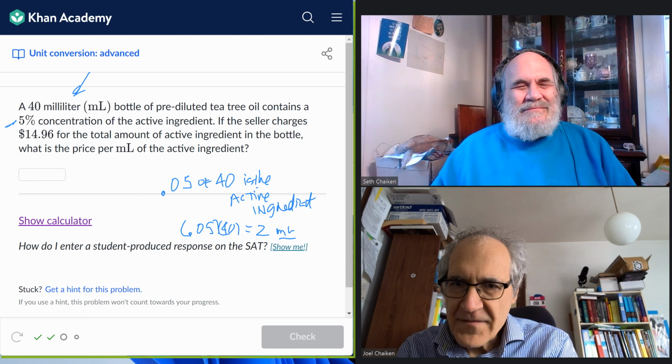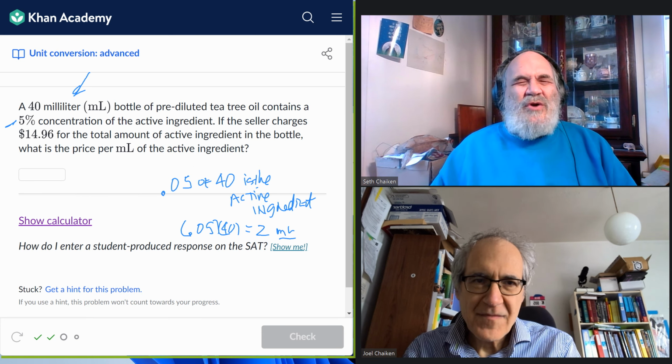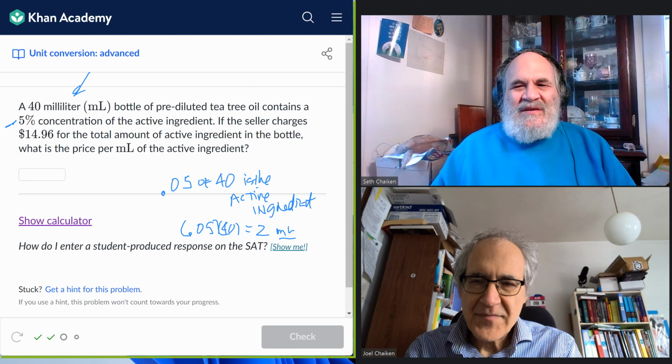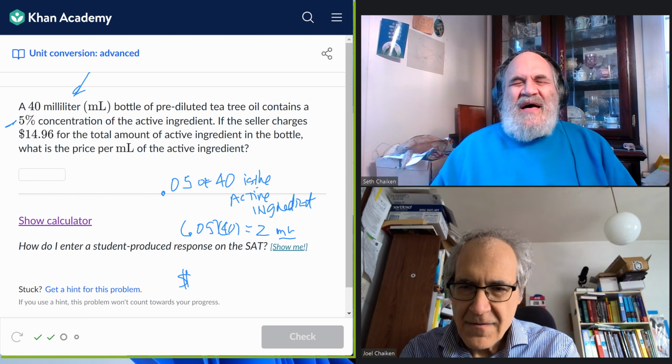If the seller charges $14.96 for the total amount of active ingredient in the bottle, what is the price? Well, you don't divide that by anything. They're interested in the price per milliliter of active ingredient, and they give you the price of that quantity of active ingredient.